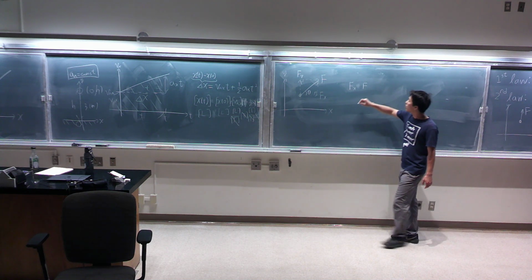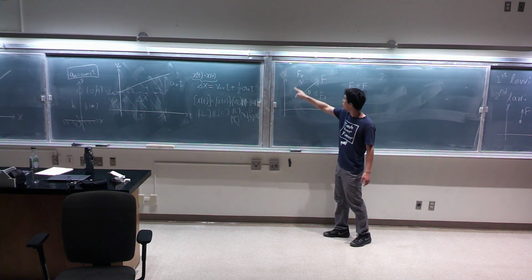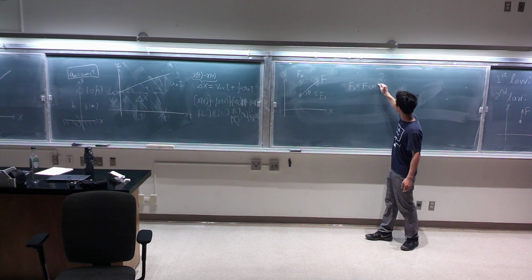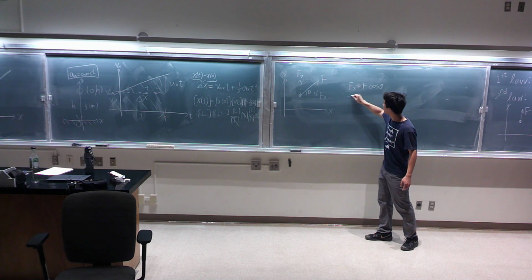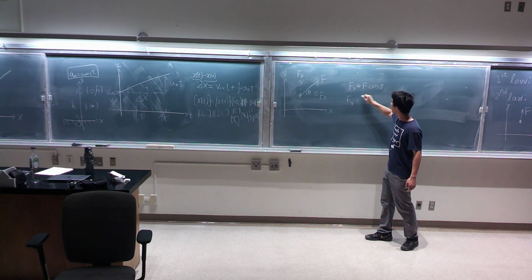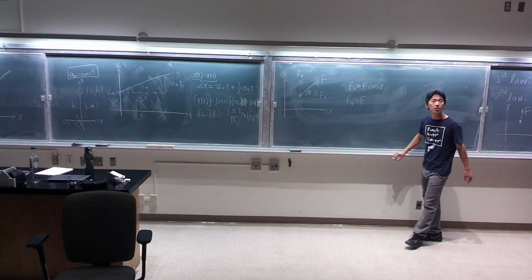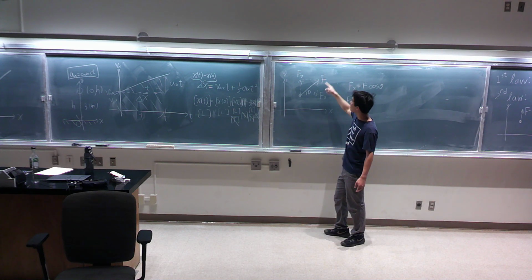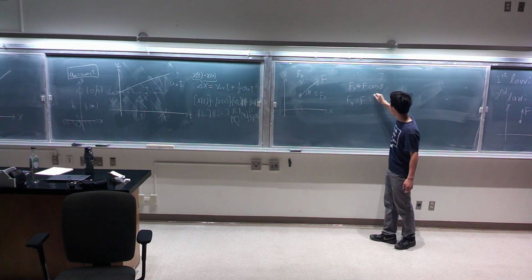Good. You are taking the hypotenuse to the adjacent side, so you are taking the cosine. How about the y component? Good. You are taking the hypotenuse to the opposite side, so it's going to be F times sine theta.